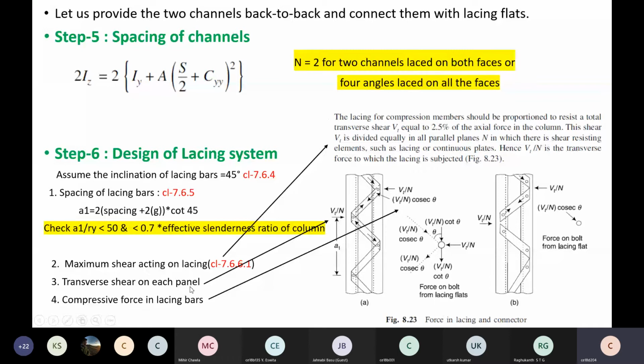So the transverse shear on each panel will be Vt by N. We already know Vt from the previous step, the maximum shear acting on the lacing, and N is 2. So Vs will be 27 by 2. Understood, right? Then we can move to determining the compressive force in the lacing bars. Everybody got transverse shear as 13.5?